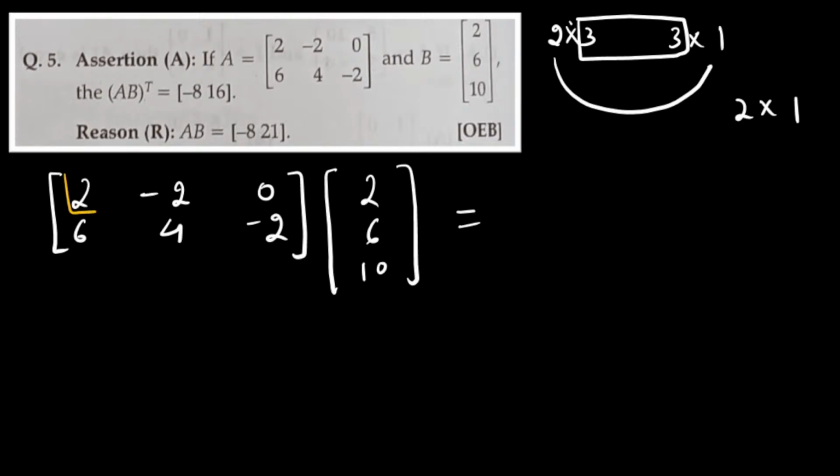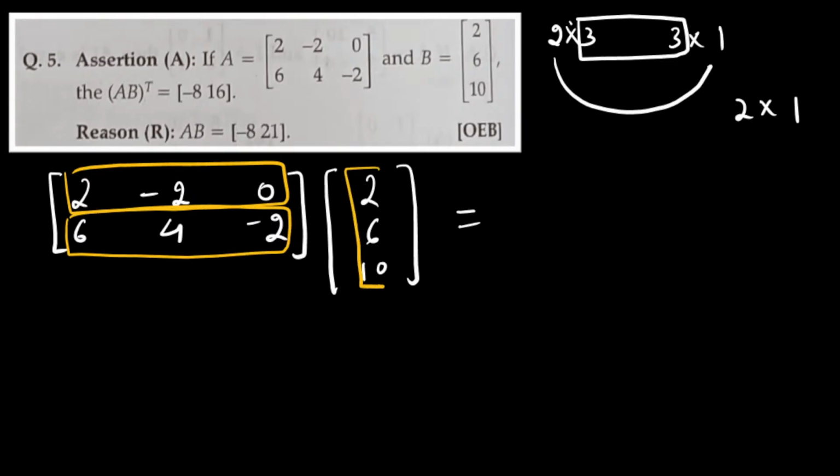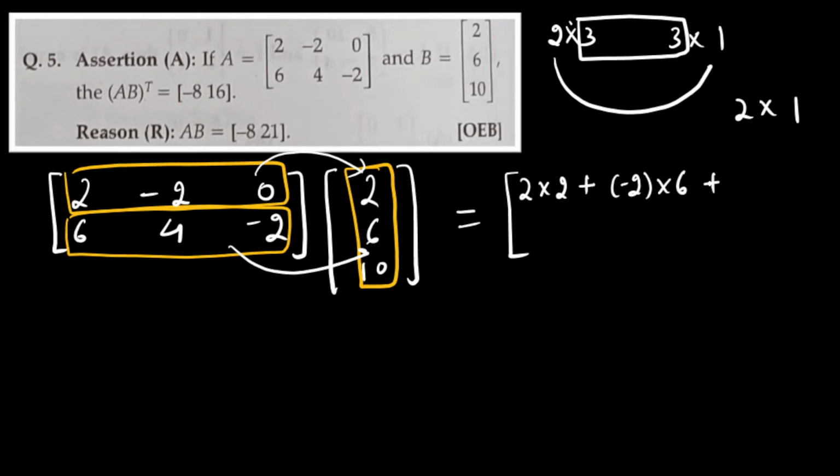The same way, we'll mark the rows of the first matrix and the column of the second matrix. So 2 rows we will get and 1 column we will get. So this we have to multiply with this and this with this. So 2 into 2 plus minus 2 into 6 plus 0 into 10.